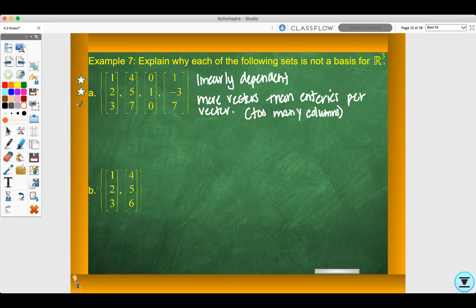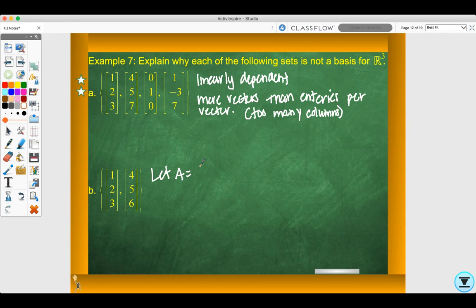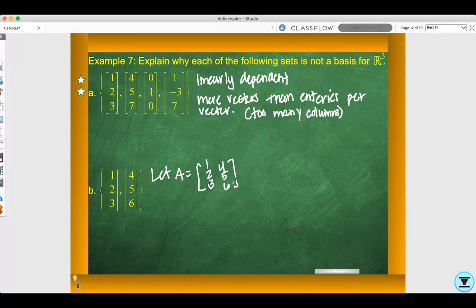Let's look at B. We have 1, 2, 3, 4, 5, 6. And if you notice this, you could also let this be A equals. And since there's not a pivot in every row of A, the columns of A do not span R3.